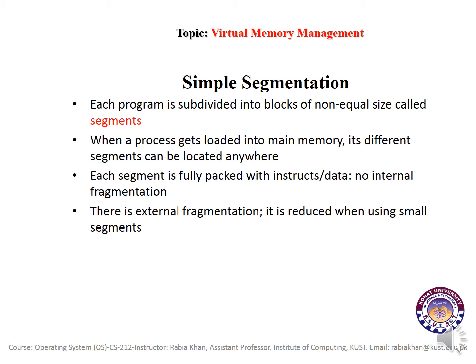So a process may have different segments of varying sizes, and they can be loaded anywhere in main memory. That means all the segments of a process need not be in sequence when loaded in main memory.